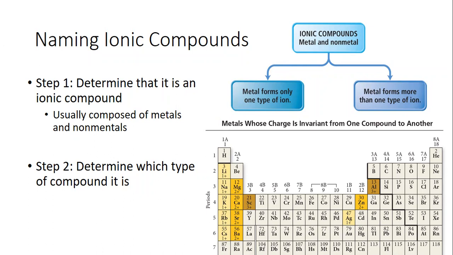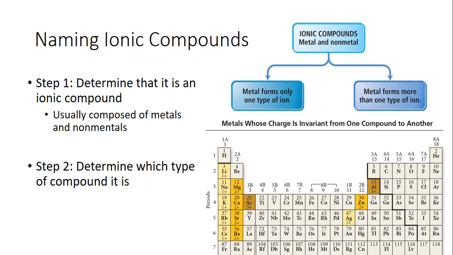Remember, an ionic compound is between a metal, which is shown on the left side of the periodic table, and a non-metal, which is shown on the right-hand side of the periodic table. So the first step is just determining, do I have an ionic compound? So don't forget that.